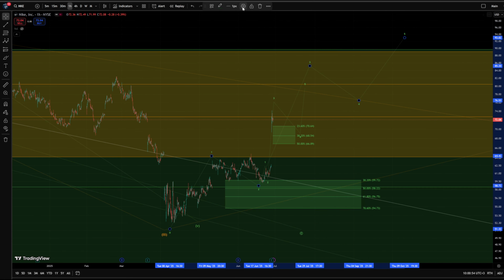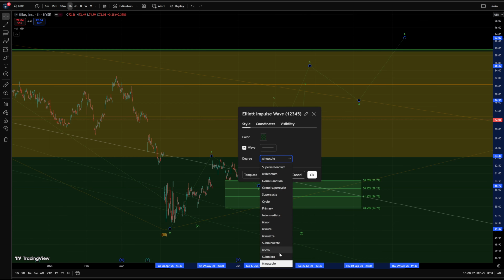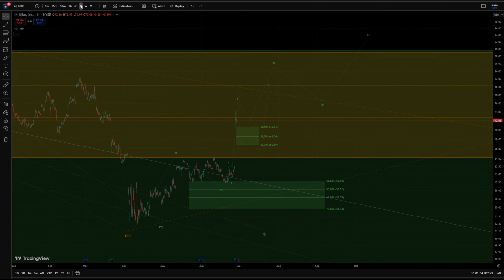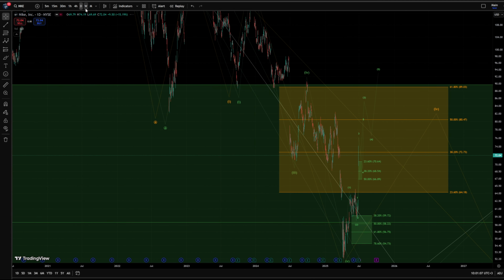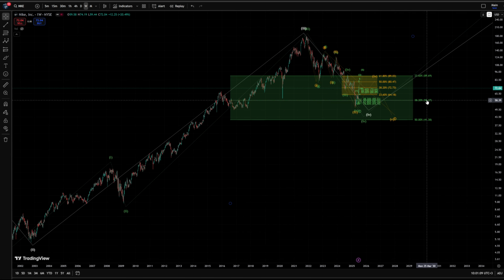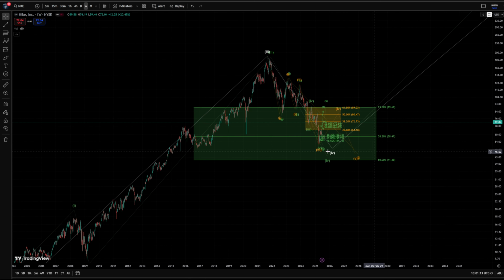Hopefully we can get 5 waves in the first wave of the large fifth wave to the upside. Now overall, getting out of the small time frame, we are still in the large green box, which represents a large time frame support zone.